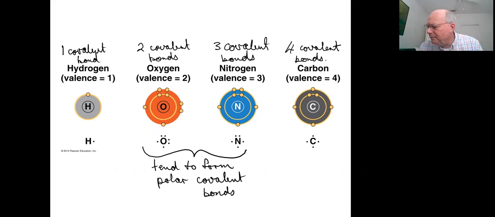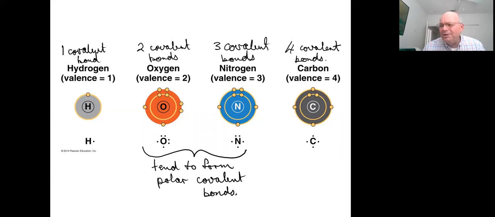Now, it does depend a lot on what they're forming their covalent bonds with. So if oxygen forms a covalent bond with itself, it's going to be a non-polar covalent bond. But if it's forming covalent bonds with hydrogen or carbon, they're going to be polar. Nitrogen, likewise, with hydrogen at least, can form polar covalent bonds, and to some degree with carbon.